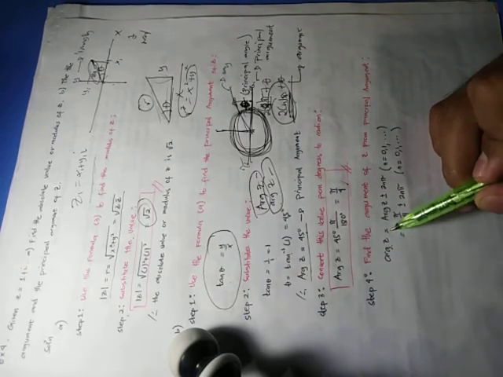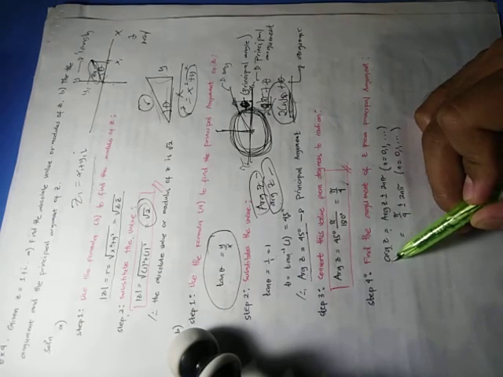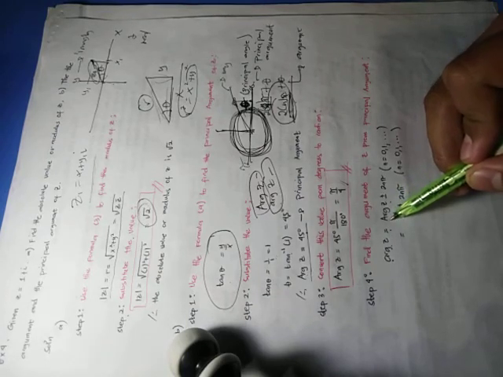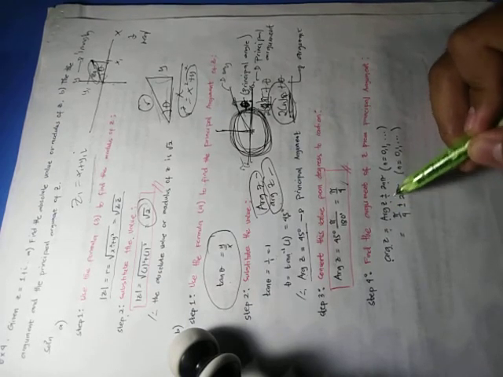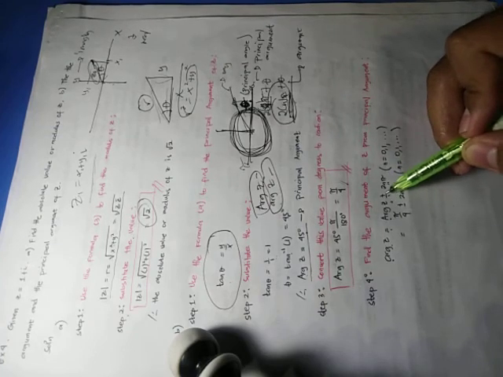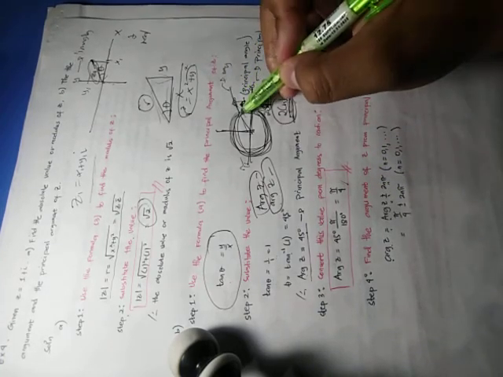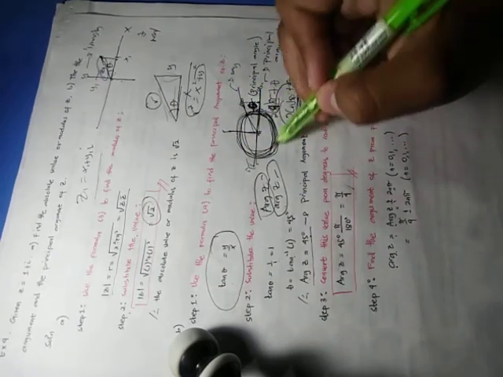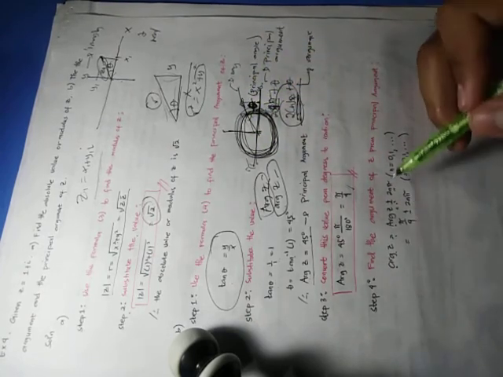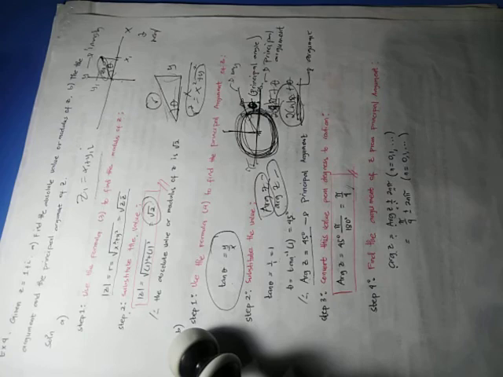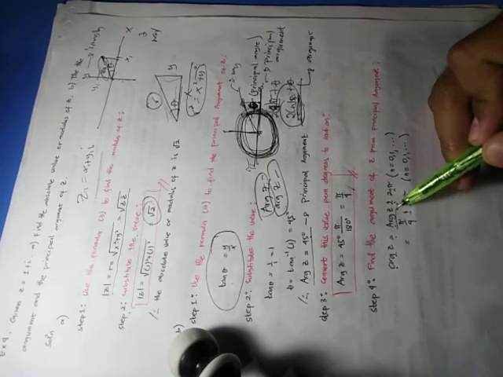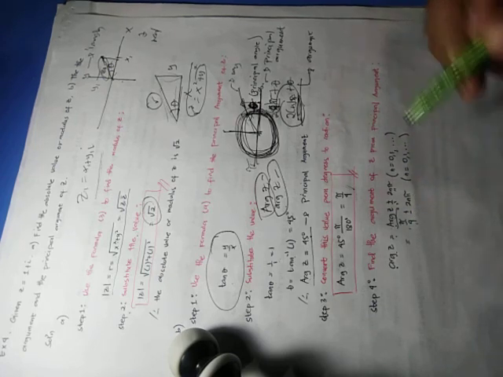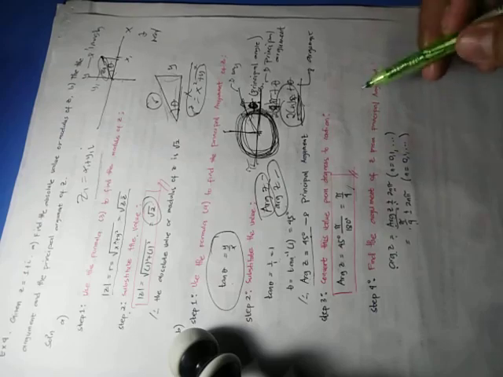So you have the argument of z, small letter a because we are talking about the argument, equals big letter Arg z, big letter because this is the principal argument, plus or minus 2 n pi. Why plus and minus here? Because there are times when we can start here, then instead of counterclockwise, clockwise becomes our direction. So that's why here it is positive and negative 2 n pi. Substituting the value of the principal argument, you have pi over 4 plus 2 n pi, where n is from 0, 1 up to infinity.